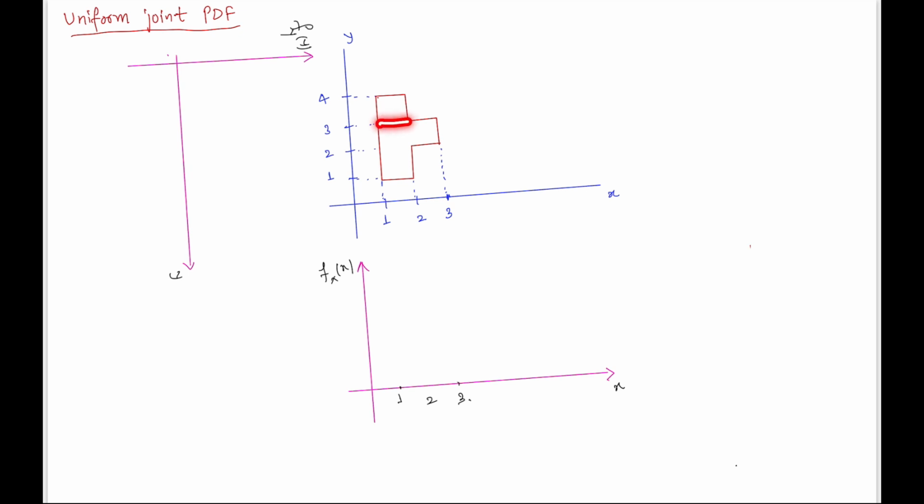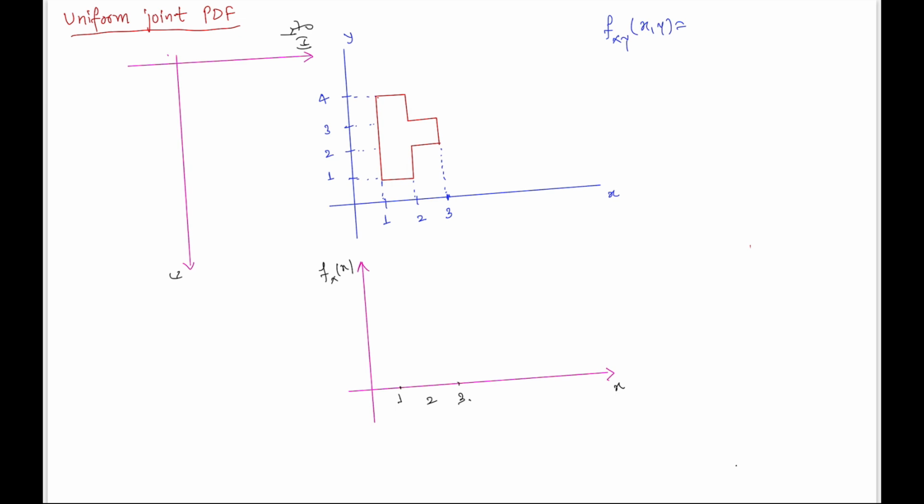So if you consider this unit of area, it will be equally likely as this unit area. All the unit areas will have equal probability. So what will be the joint PDF? If you see, we have the total area, that is 1 unit square, 1 unit square, 1 unit square, and 1 unit square, total 4.